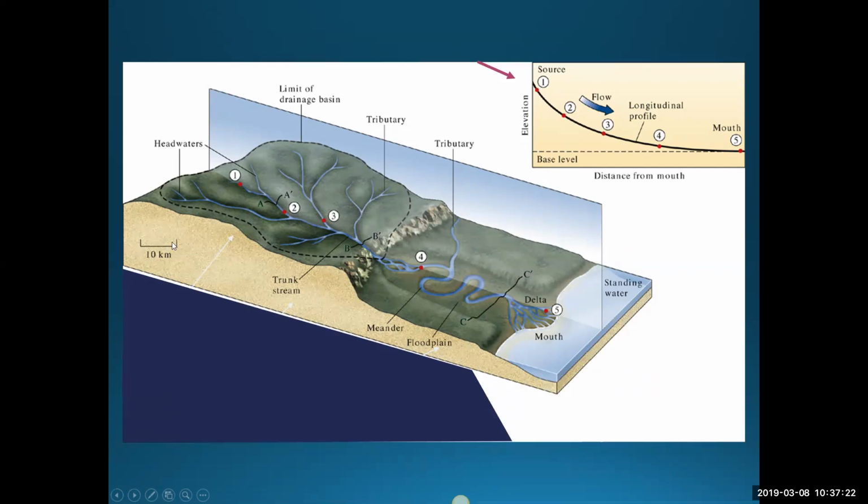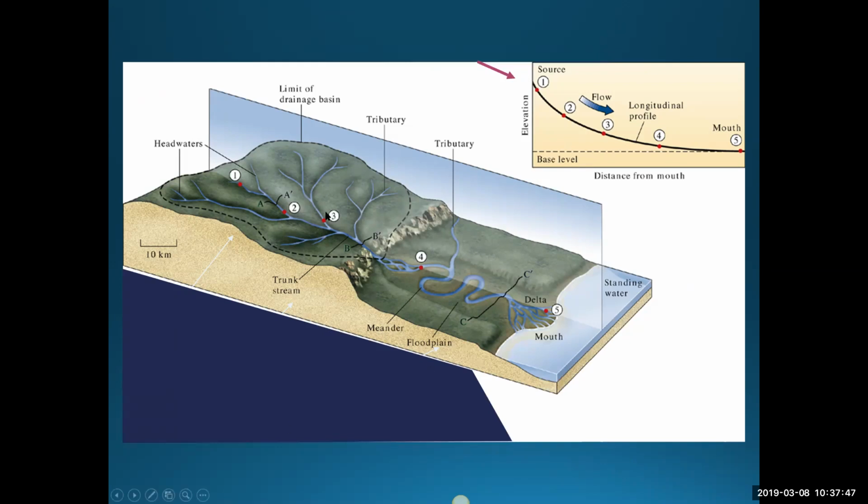In your reading, it talked about meandering river systems versus braided river systems. That doesn't mean one river, like the Mississippi River, is only a meandering river, or only a braided river. That's not true. It depends on where it's at.